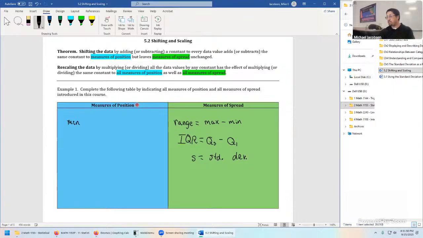The minimum is a position. Quartile 1, let's rewrite this as the 25th percentile just to connect that concept. The median, M, which is the 50th percentile. Quartile 3, which is the 75th percentile.